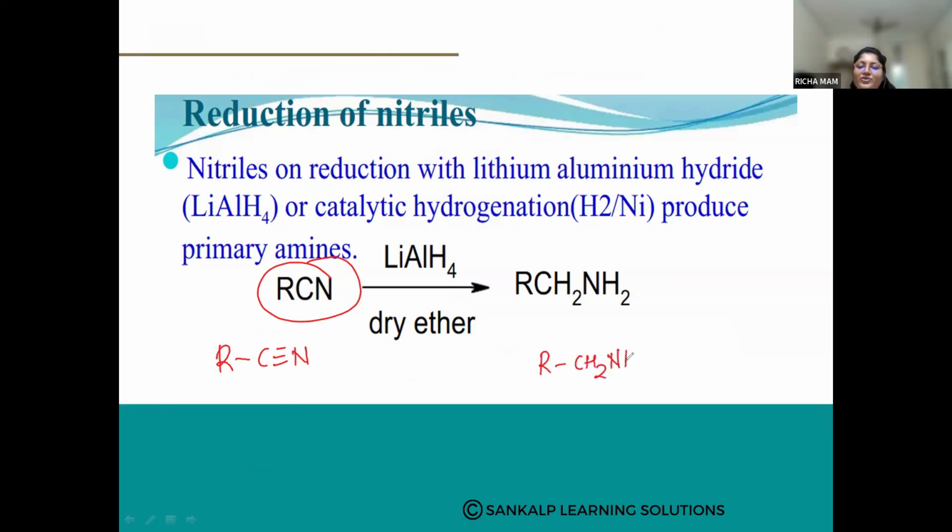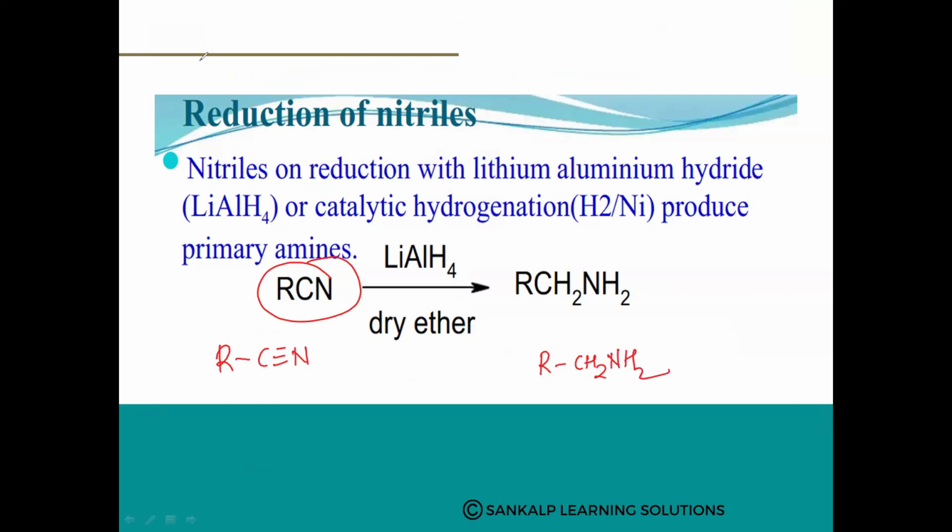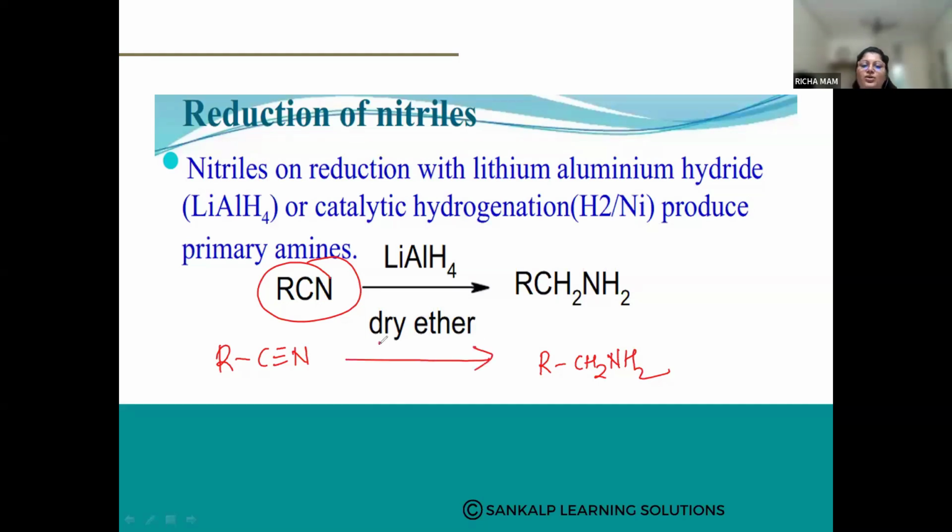This can be reduced to primary amine by using a strong reducing agent like lithium aluminum hydride, or you can use sodium in alcohol, or you can also use catalytic hydrogenation.